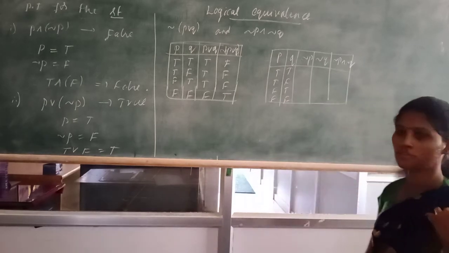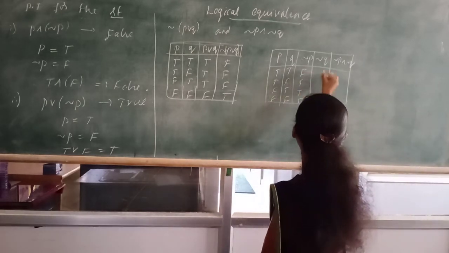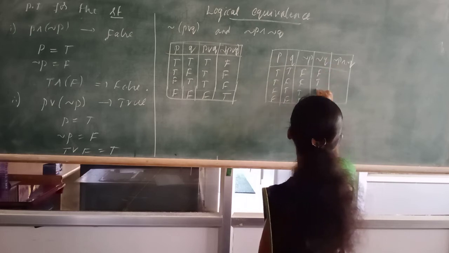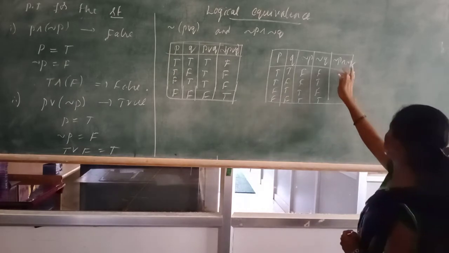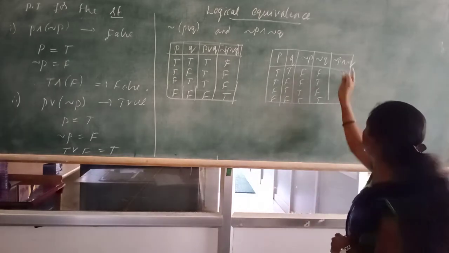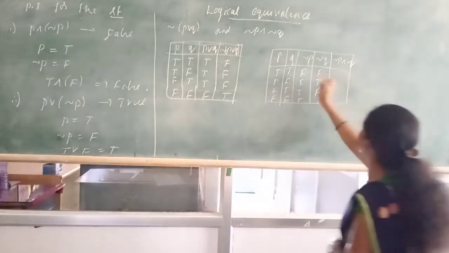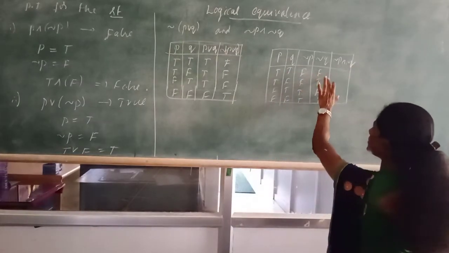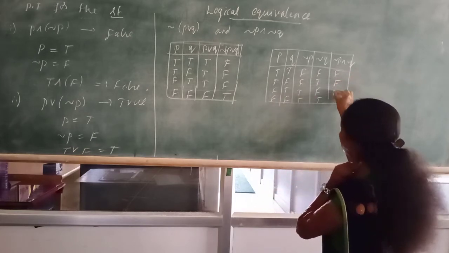Negation of P is false, false, true, true. Negation of Q is false, true, false, true. Here a conjunction statement is given, so negation of P and negation of Q. Both are false: false, false, true, false.